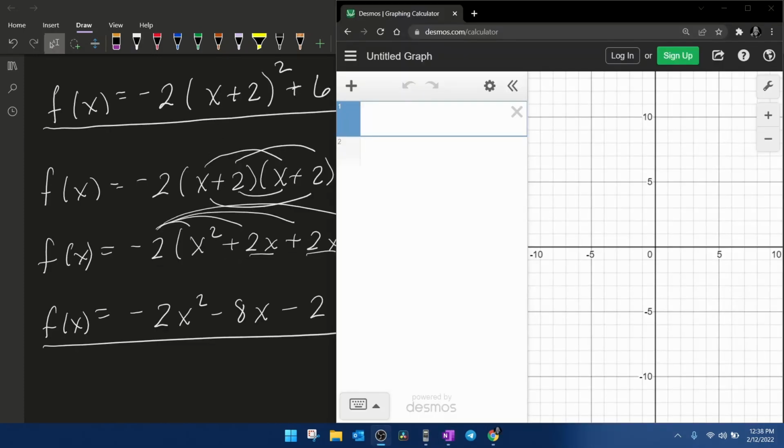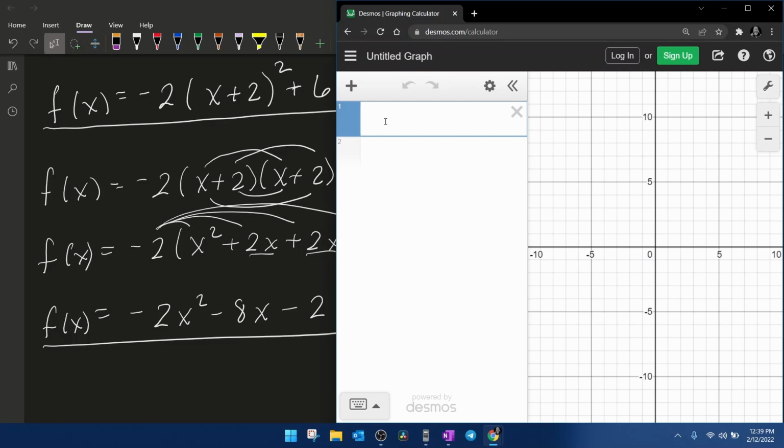Okay, bonus material. I couldn't help but throw in some Desmos here because I love using Desmos to verify results. So we're going to verify that our function in vertex form is the same as our function in standard form, while we also verify the vertex and the other ordered pair that was given on the graph.